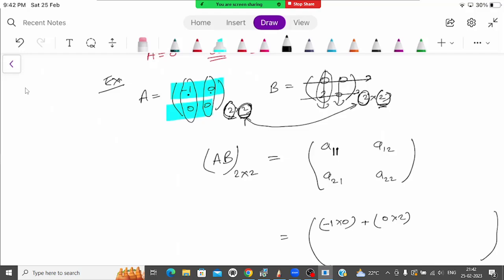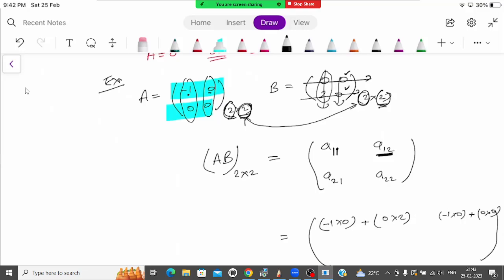Then again multiply the first row of A to the second column of B. So the first row is -1 0 and the second row is 0 0. So here it will be -1 into 0 plus 0 into 0.